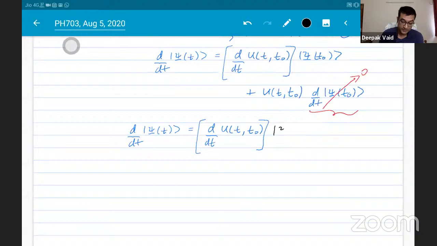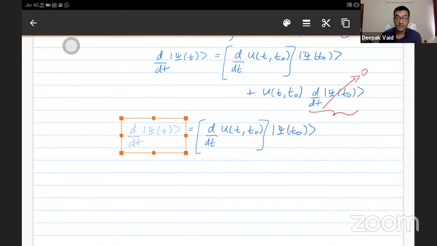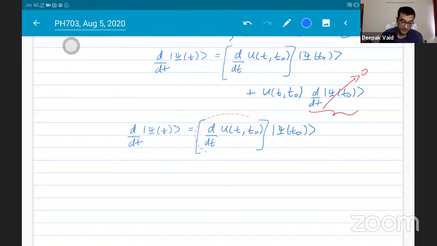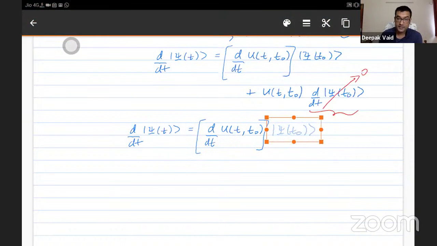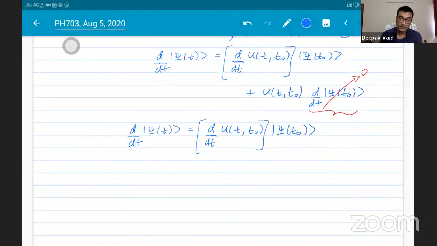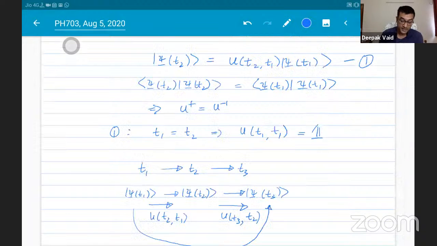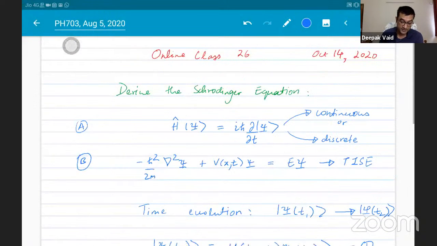Now this expression, what do we have? On the left hand side, we have the time derivative of psi. On the right hand side, we have the time derivative of some operator multiplied by the state at some initial time t naught. But what we want is an equation which looks like this.